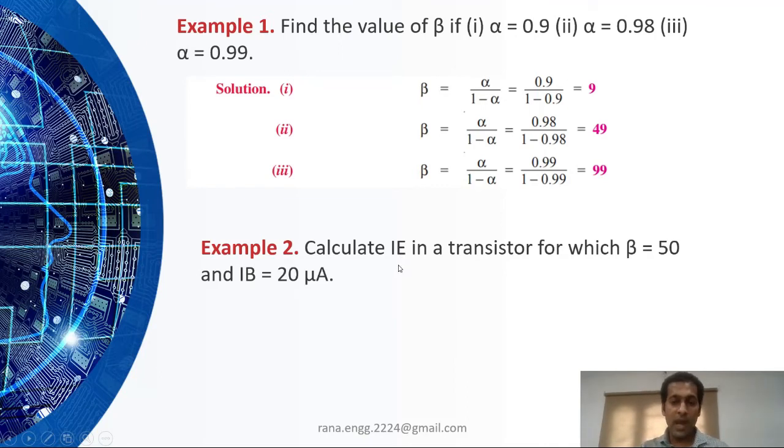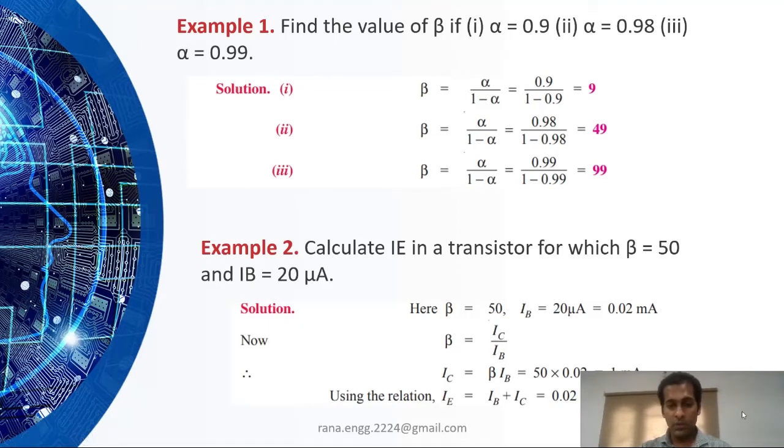We have to calculate IE in a transistor for which beta is 50 and IB is 20 microampere. So what is IE? We know the relation between IE and IC: IE is equal to IB plus IC. If it is in terms of alpha, that also we know.